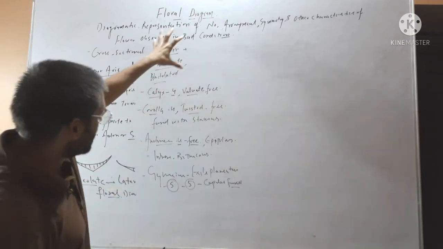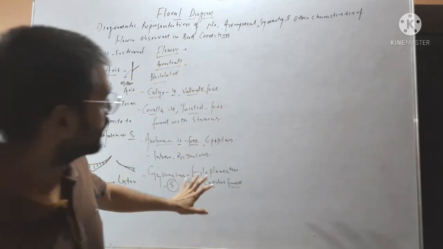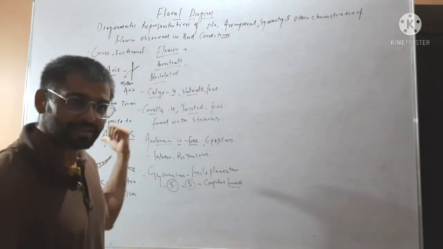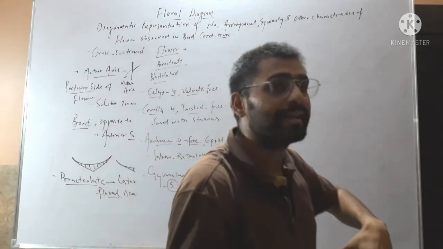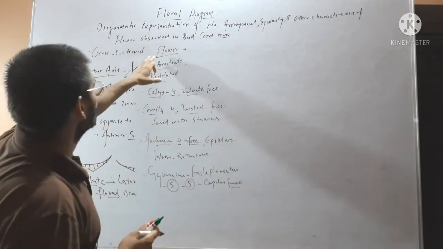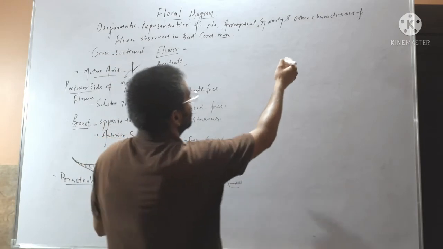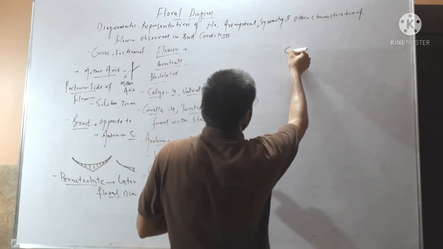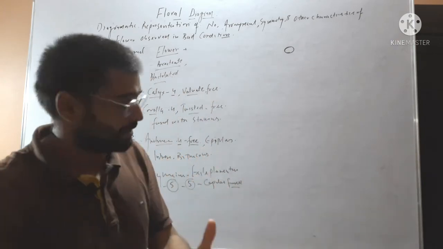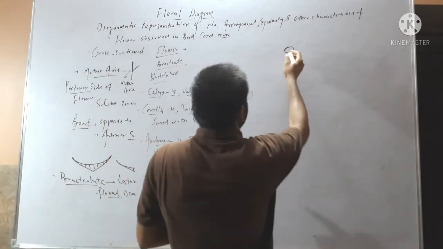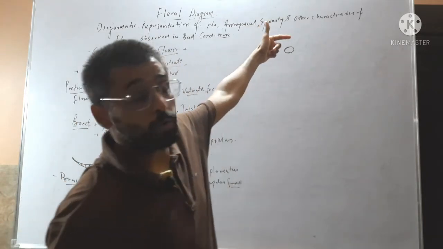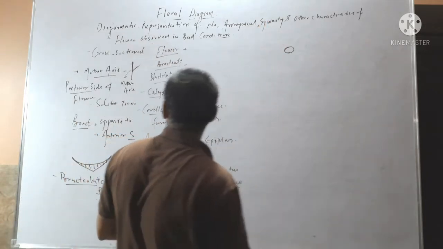Now we have a flower, and we have written down the characteristics of the flower. Now by using the symbols that we have discussed earlier, we can draw a floral diagram. First of all, we have a flower. So first we will draw, suppose, the floral axis, the branch on which the flower is present, as a round dot. Then we will draw a circle for the floral diagram. Then there is a bract.